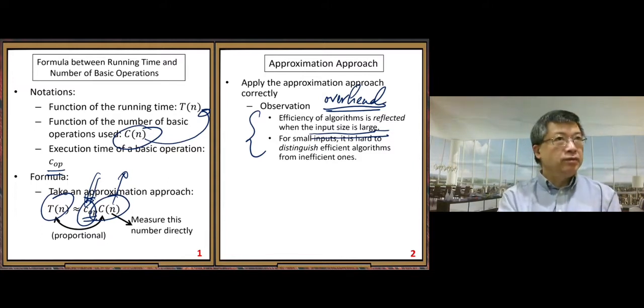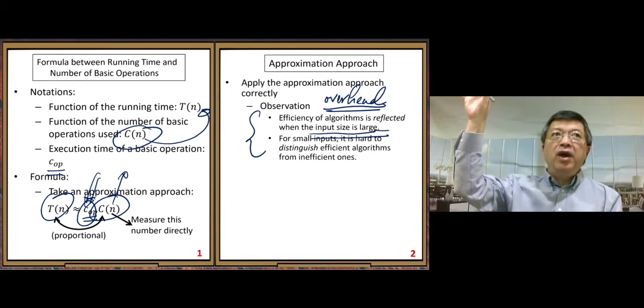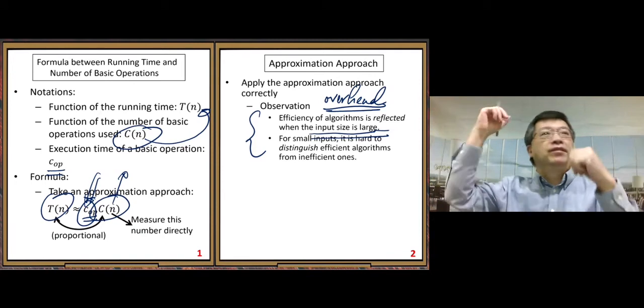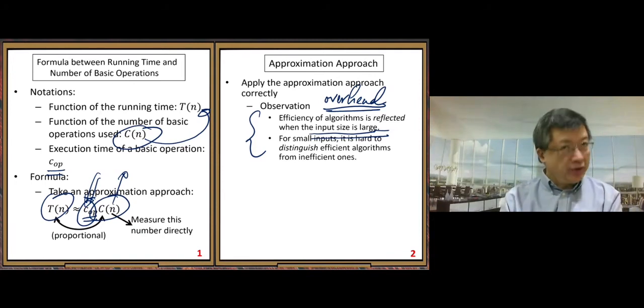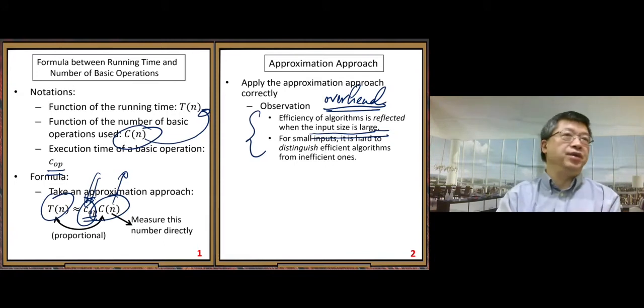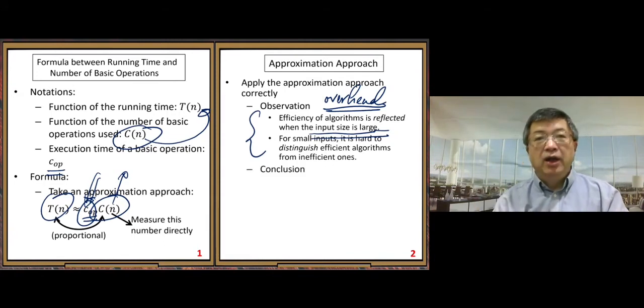So we skip it. Then, when the size is big enough, we get a better picture of the real efficiency of this algorithm. So that's the point for this part.